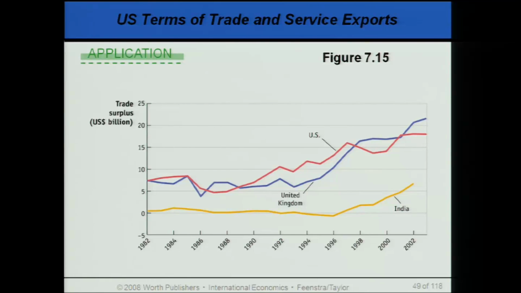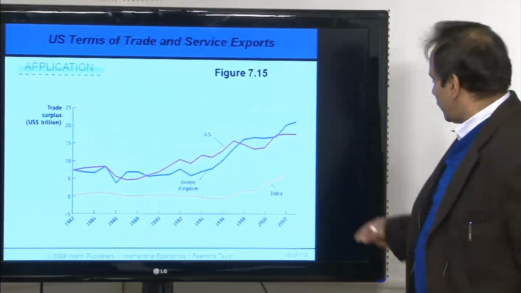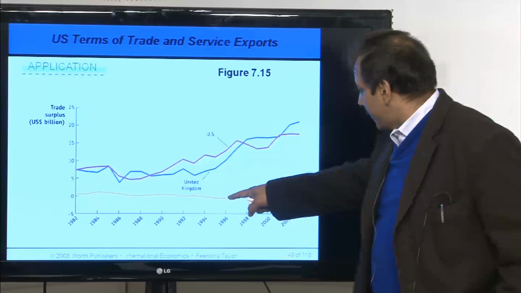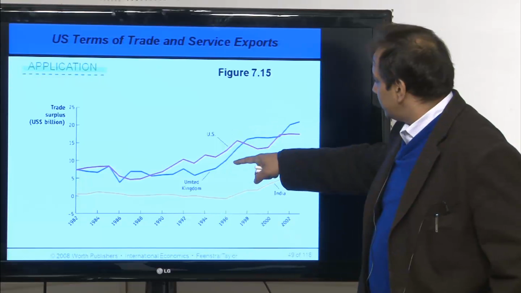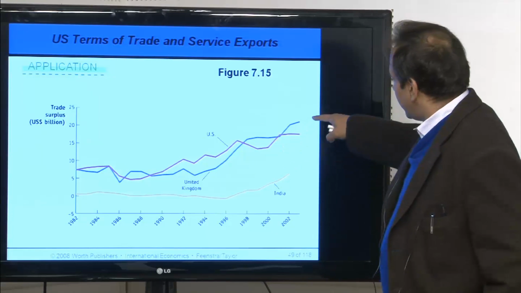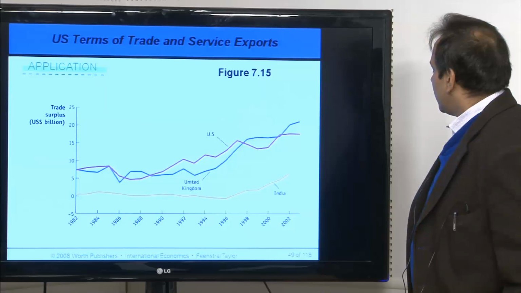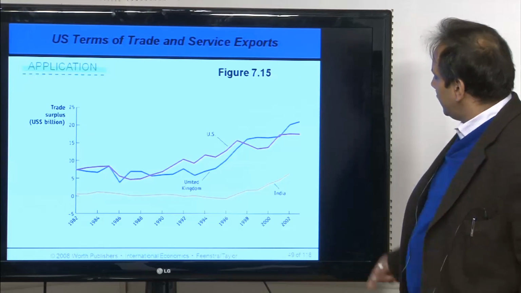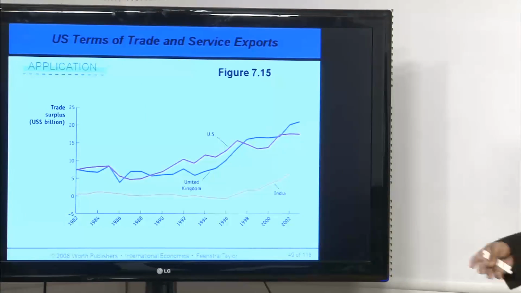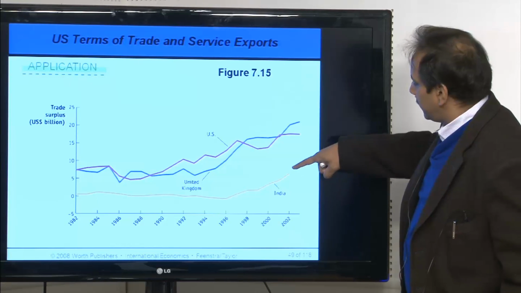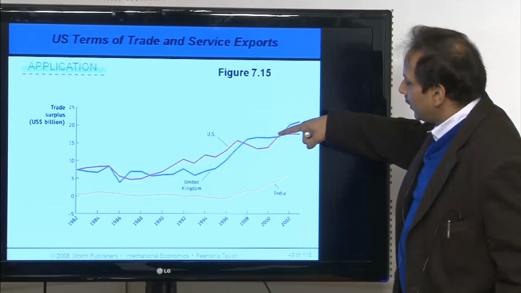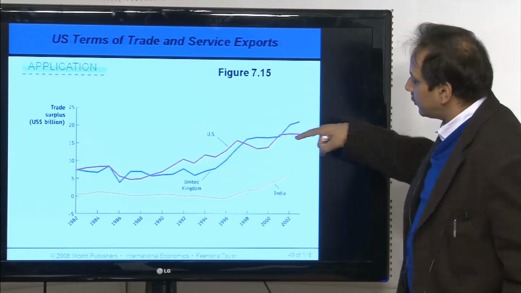Now, you can also see the trade surplus in the service sector for India from 1996. For the United Kingdom and US, again you see an upward trend. Now, what is to be seen is whether, after the year 2010 or 11 or 12, the rise in the trade surplus leads to a trade deficit in the US or UK.